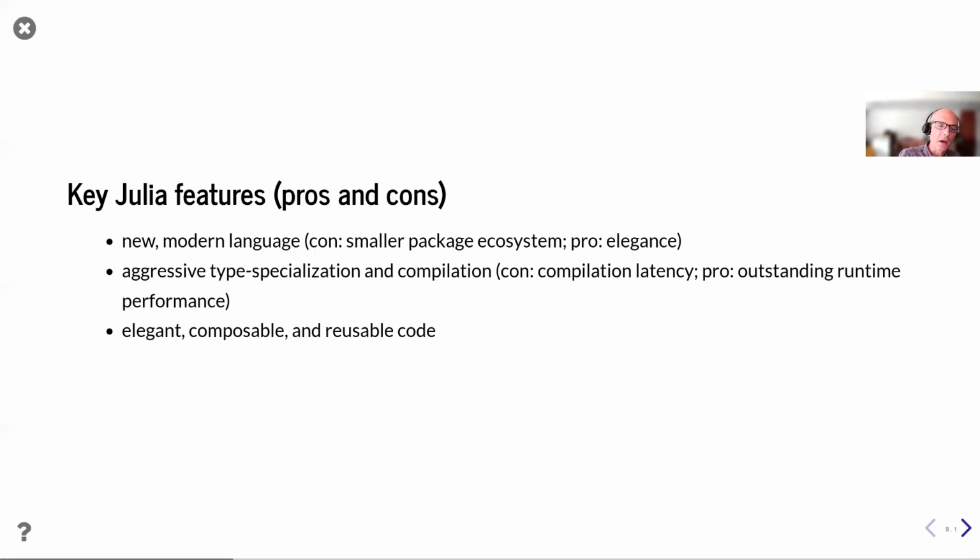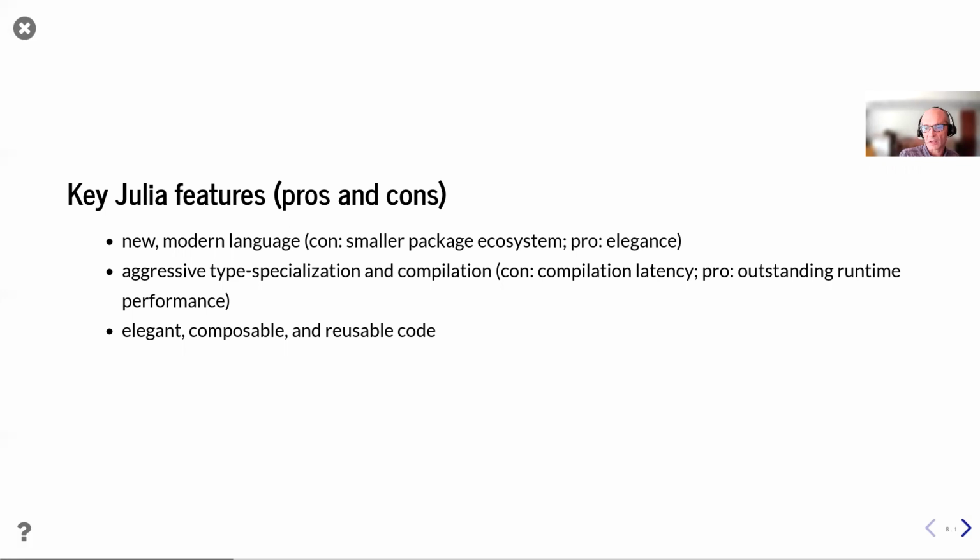Perhaps the most impactful feature of Julia is that it does something called aggressive type specialization and compilation. This is really crucial to Julia's high performance. And again, it has a downside, which is that compilation takes time, and this therefore adds to the latency the first time you do something in a session.